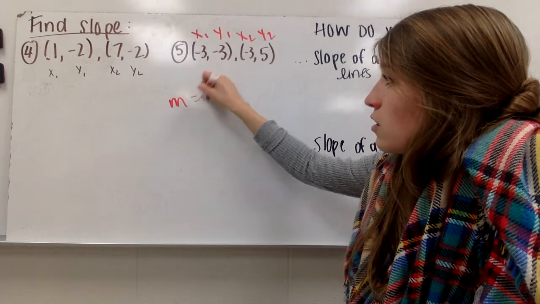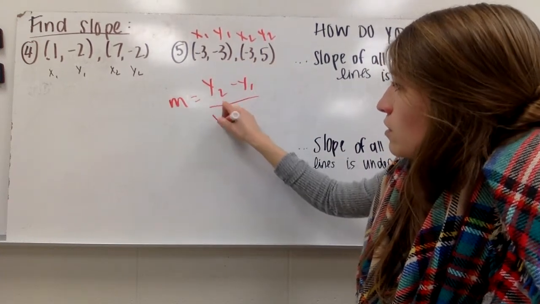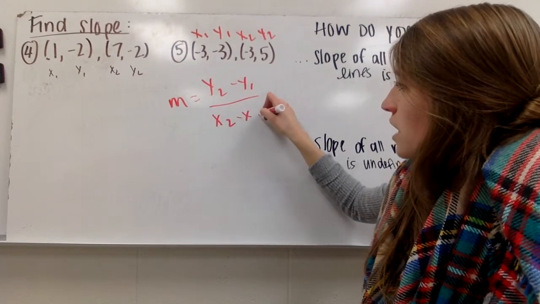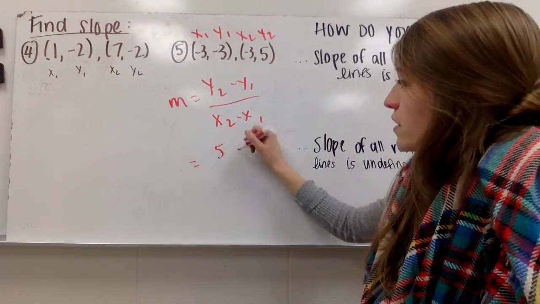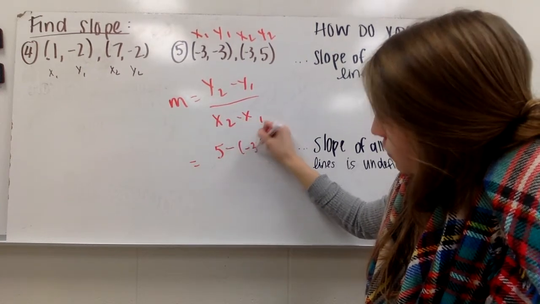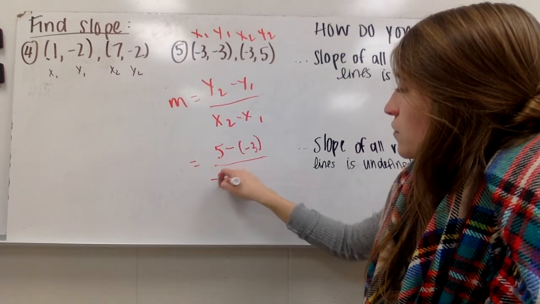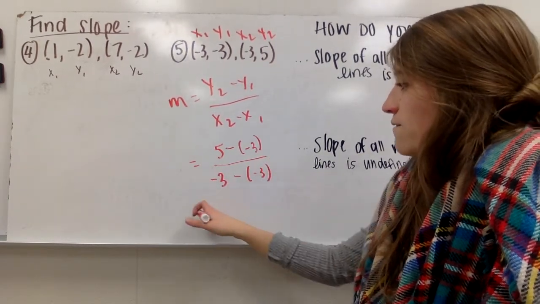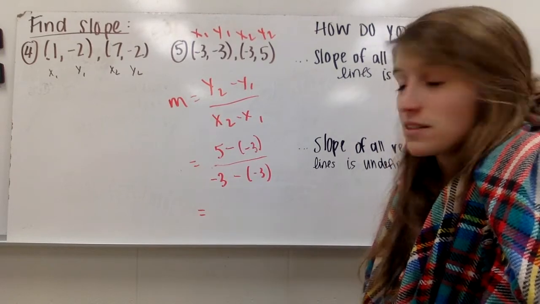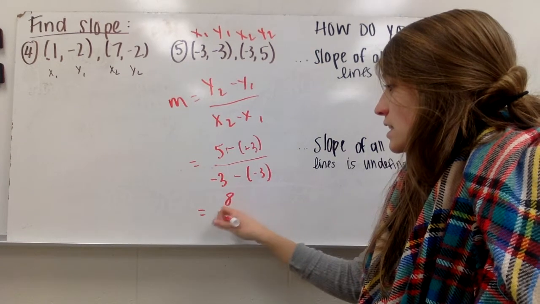Remember that our slope is y2 minus y1 all over x2 minus x1. In this problem, then it's 5 minus negative 3 all over negative 3 minus negative 3. 5 minus a negative 3 is the same as 5 plus 3. That's 8.